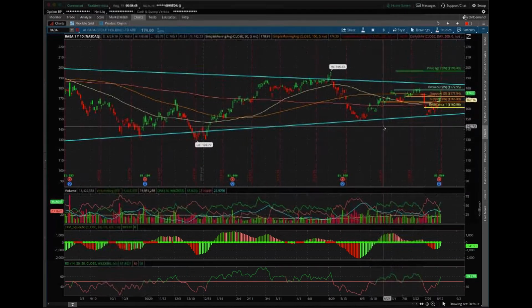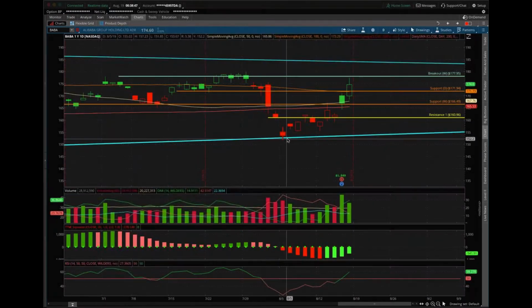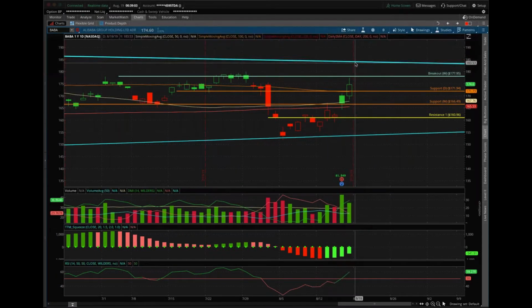Go to the daily, we could see that we bounced right off that support, and now we're pushing, and we got above all our moving averages, the 200, the 50, the 100, and we're coming to this resistance here. So this is really good resistance. If this does push, we should get resistance at this 180 area.